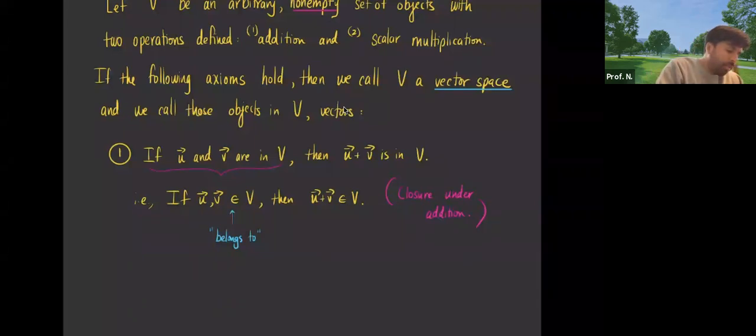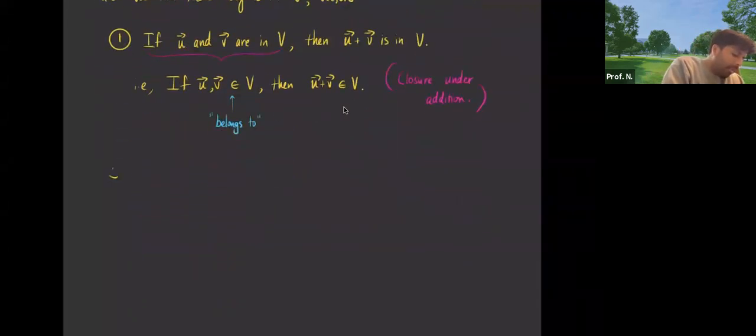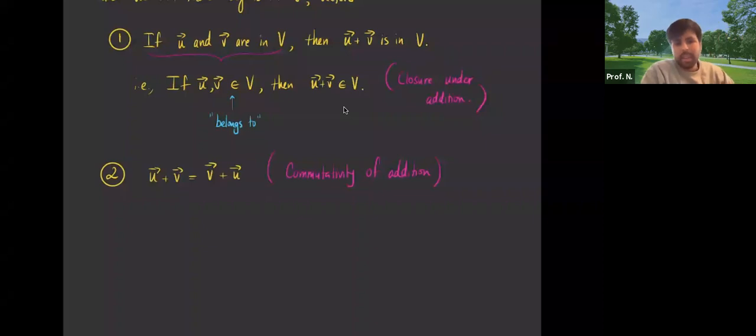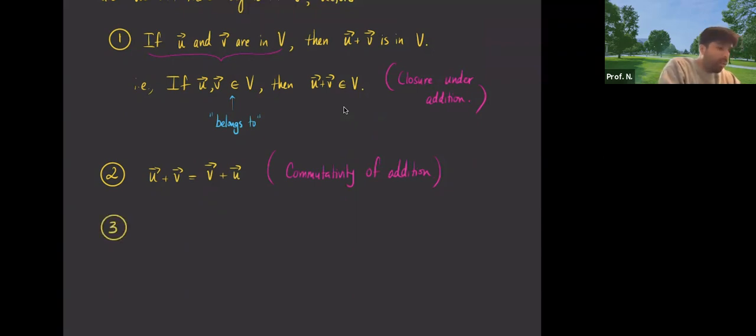Okay, that's the first property, axiom, for every vector space. And we'll come back to that again. And then obviously we have things that are associated to addition. This is commutativity of addition. That's expected, right? If you add two things, then reordering the order of that operation should hold as well.